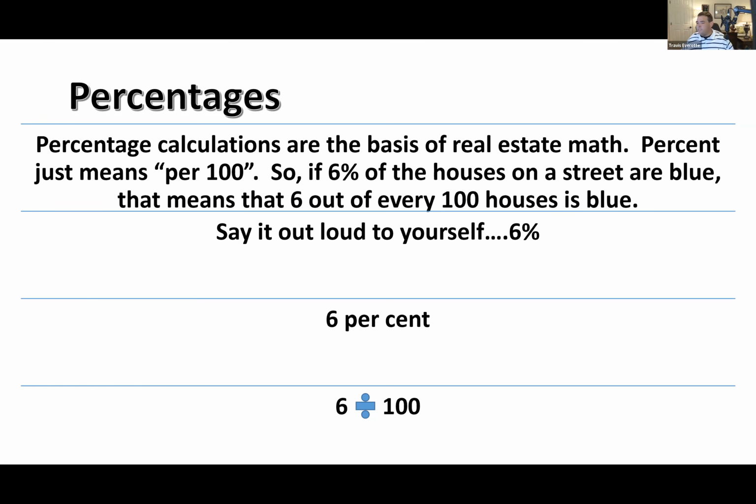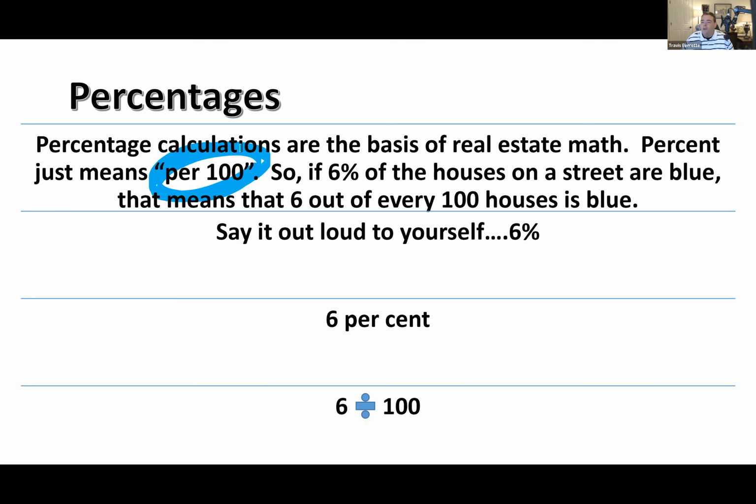When we say 6% of something, we really don't mean 6. We mean 6 for every 100 of that thing. In other words, if you had 100 of that thing, 6 of them would be this. That's 6%. So 6% literally means 6 per 100. So pay attention to that. Percent literally means per 100.